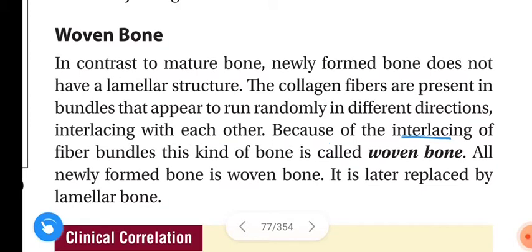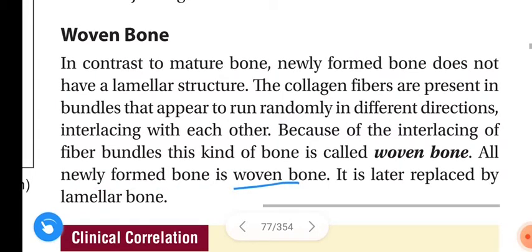Because of the interlacing of fiber bundles, this kind of bone is called woven bone. All newly formed bone is woven bone. It is later replaced by the lamellar bone. That means woven bone is replaced by mature or lamellar bone.